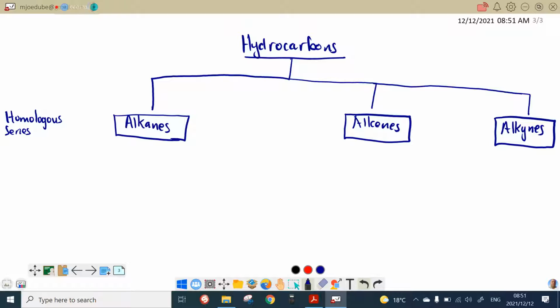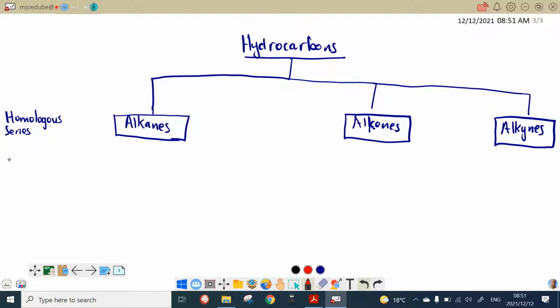Now, what differentiates or distinguishes each one of these substances? Well, the first thing that you need to be aware of is that your alkanes have the following functional group.